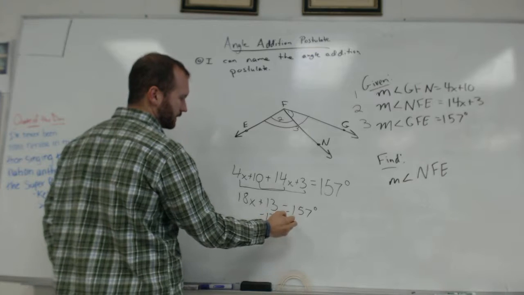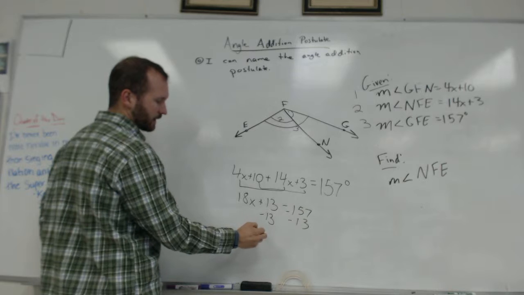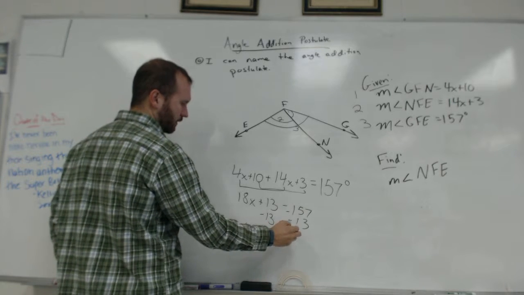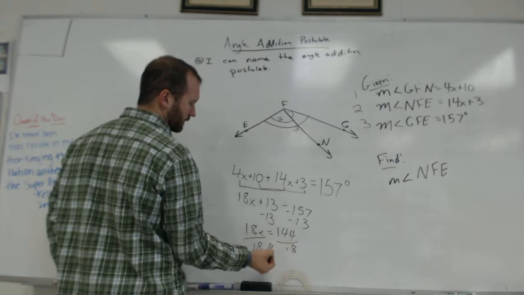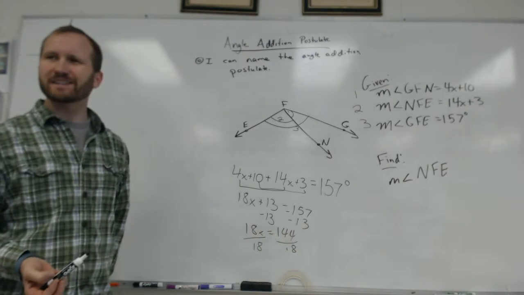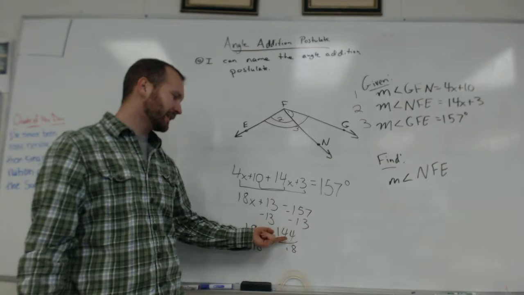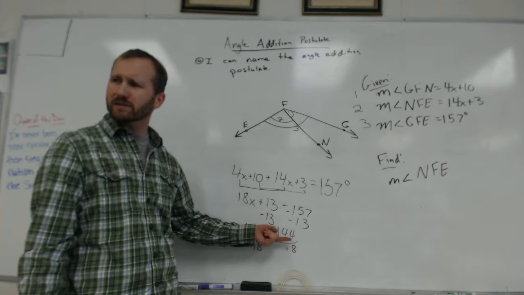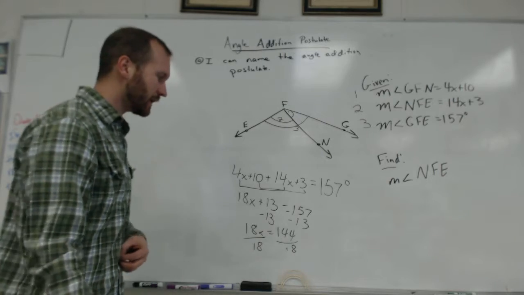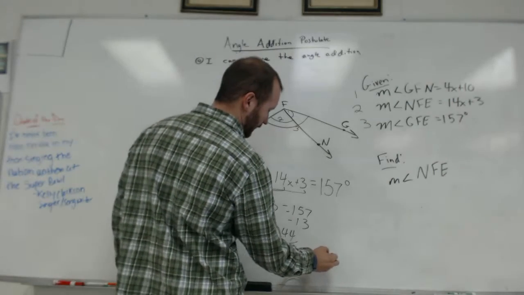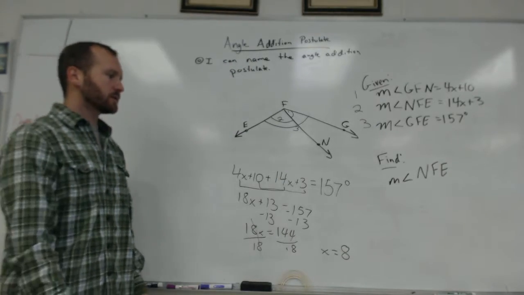Subtract 13, so we have 18x equaling 144. And then just divide by 18. How many times does 18 go into 144? Well, it goes into 180 10 times, and 144 is 36 less than 180, which is 2 times 18, so it's 8, right? So x equals 8.